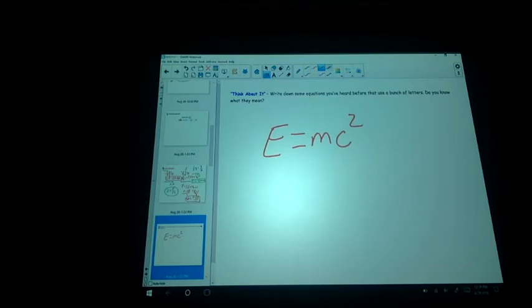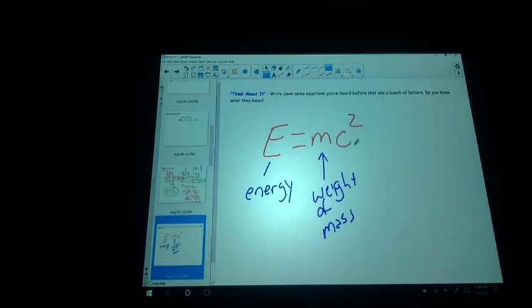So that's energy, the weight of mass. So like how much something weighs. Squared, you gotta understand that. That means I'm squaring whatever C is. No one knows what C stands for in this equation?